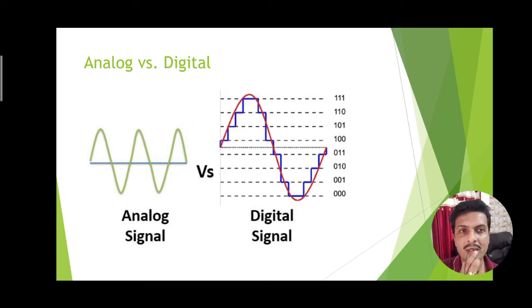So this is an analog signal. On the right hand side, the red line is the analog signal, but the blue line is the approximated digital signal. So the basic definition of the digital signal that comes out from this figure is that the blue lines are fixed magnitudes which show almost an approximation of the related analog magnitude at that particular instant of time.